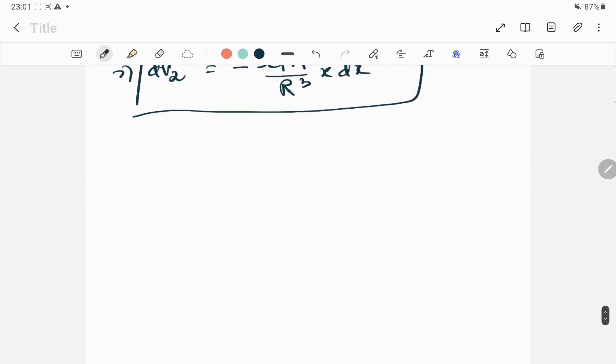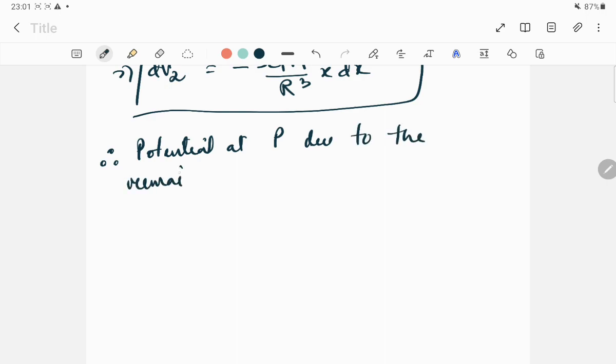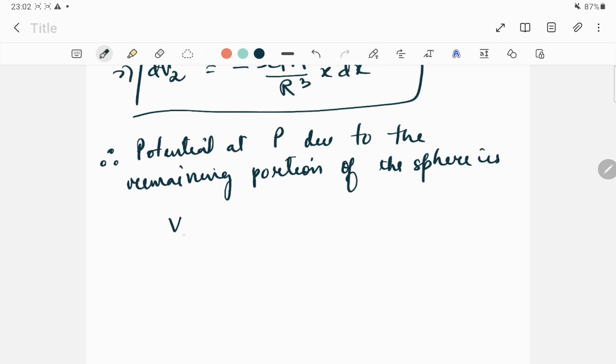So therefore, potential at P due to the remaining portion of the sphere is V2 equal to integral 0 to V2 dV2.